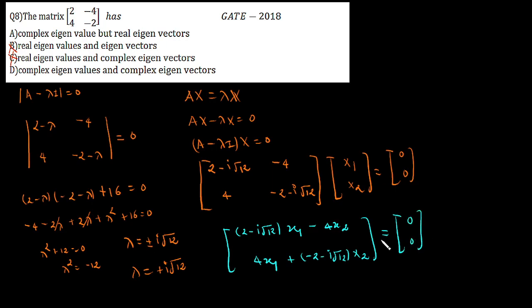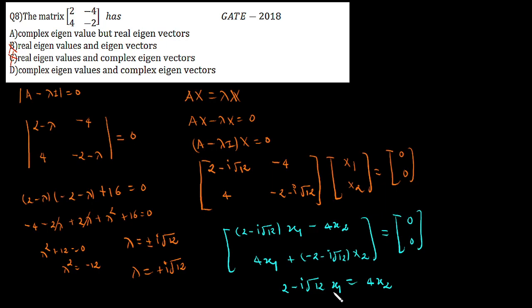Since there is an equal sign, I can equate this equation to 0 and this to 0. First of all, let's equate the first equation to 0. I can bring the minus term to the right hand side. So I can write in a simple way 2 minus i under root of 12 times x1 equal to 4x2.